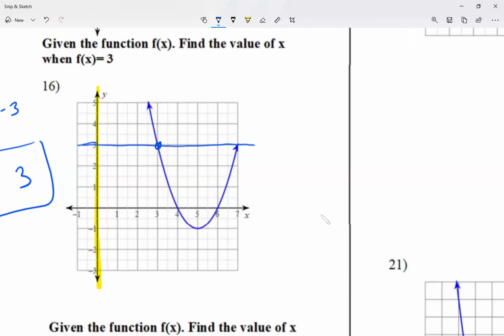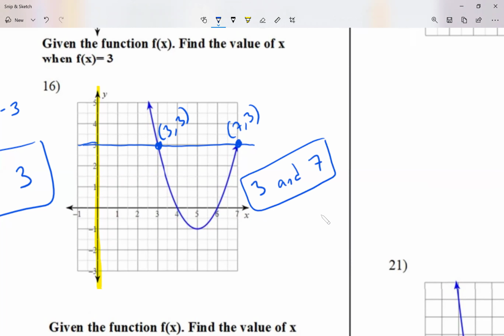I crossed it here, and I crossed it here. Again, when I'm looking at the points, the coordinates of my points are 3, 3, and then the value 7, 3. The y value is 3 in both cases, right? But what are the x values? My answer will be 3 and 7.